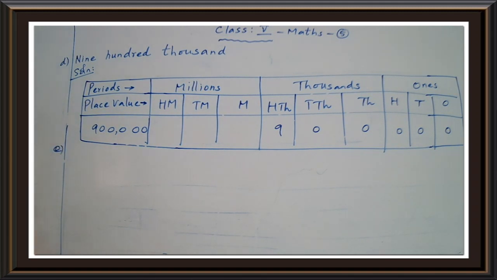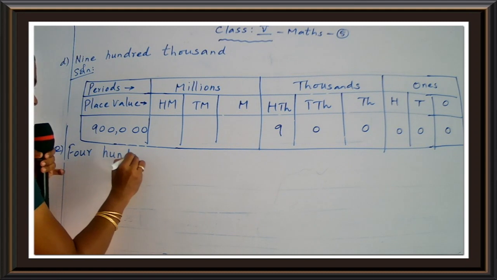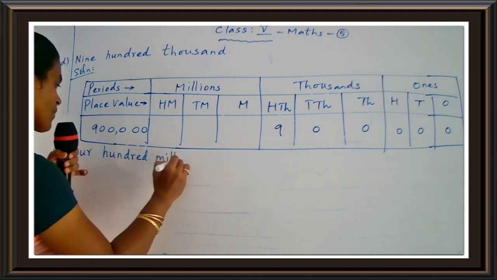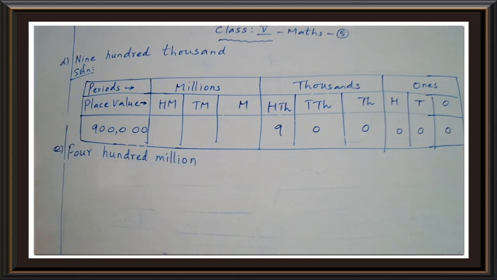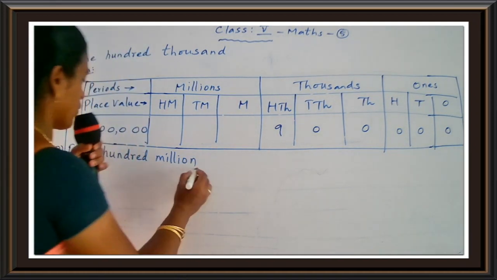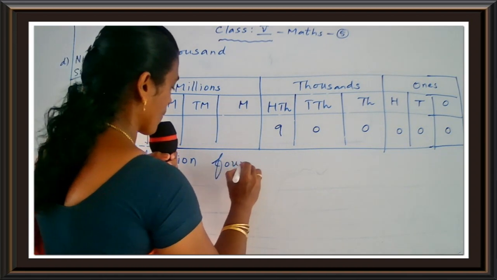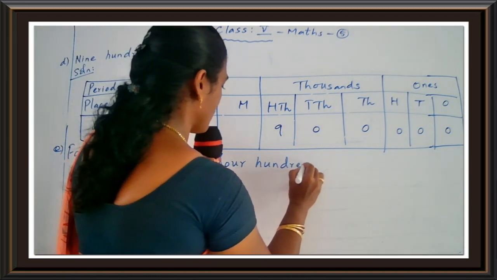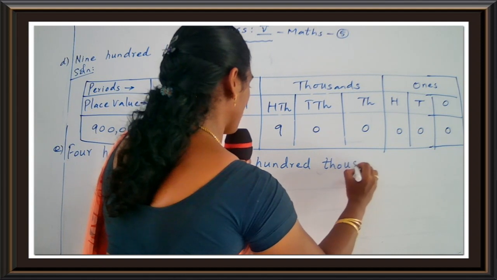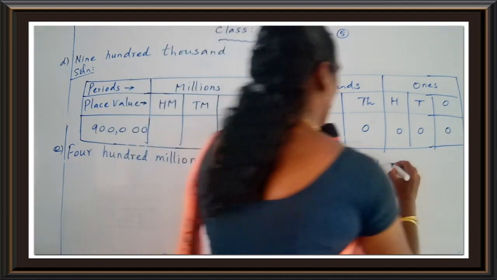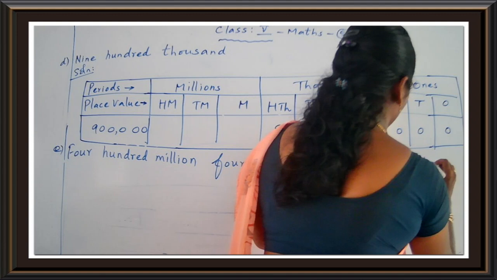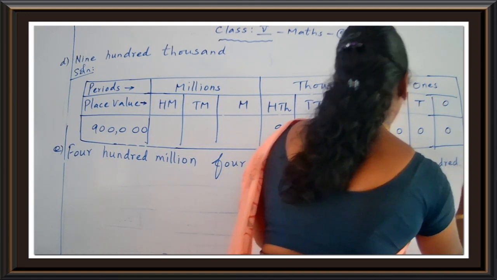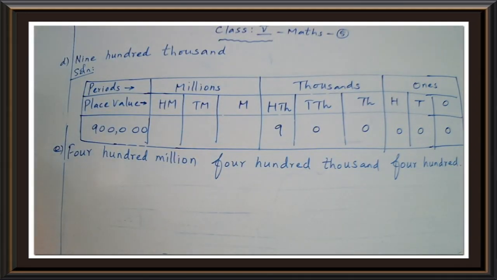The next question, 400 million, 400,000, 400. Okay, draw the place value chart.